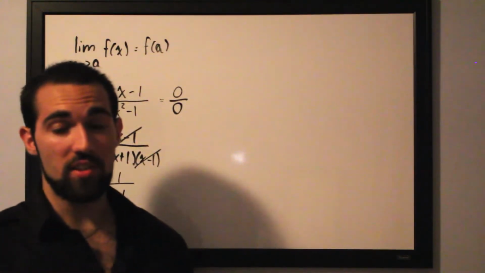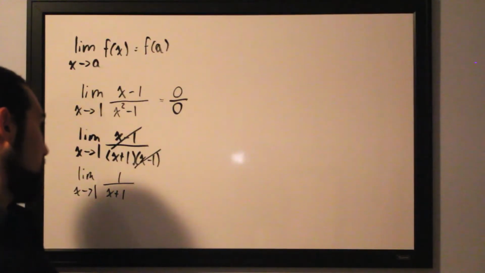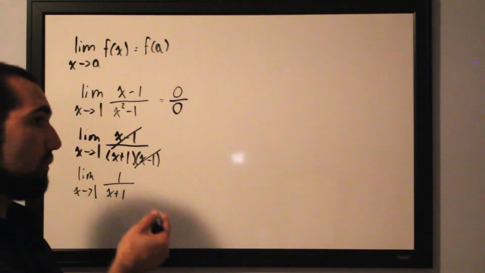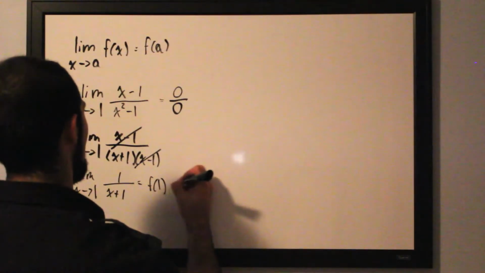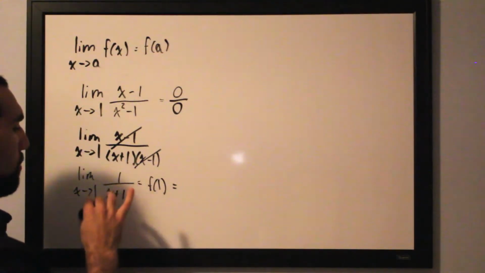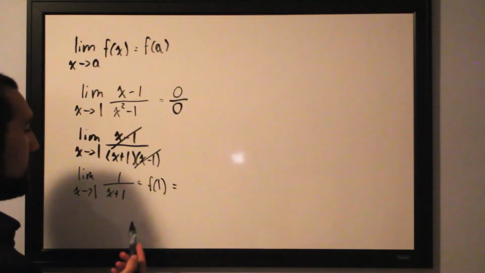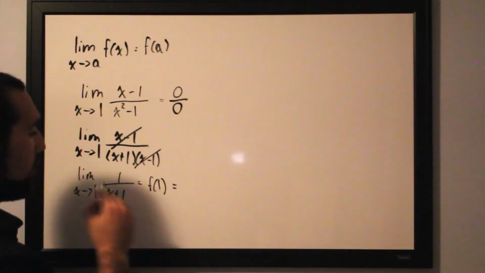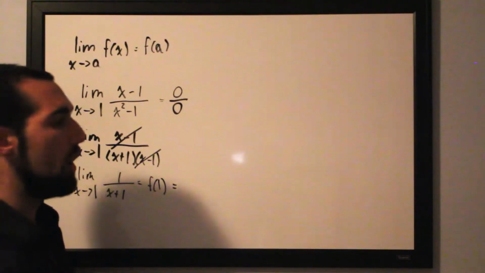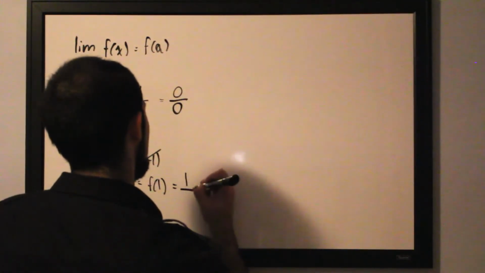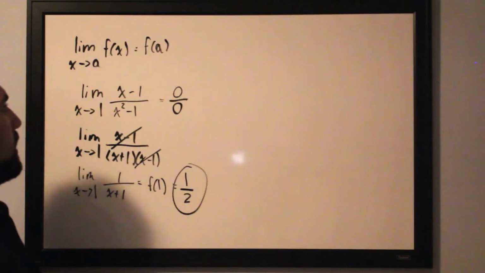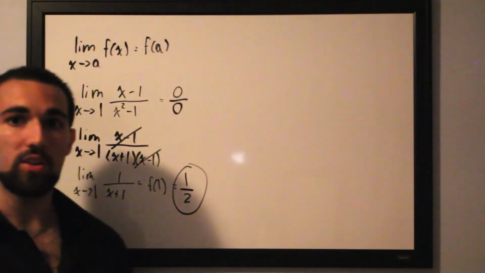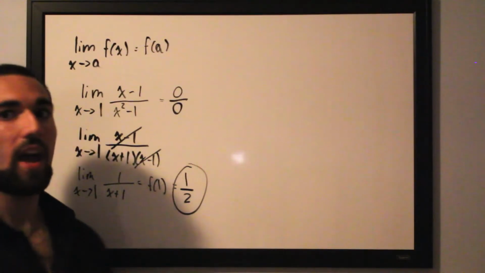And now it really is as simple as plug and chug. All you need to do is plug in the number 1 into this function. So f of 1 is equal to 1 over 1 plus 1, which is equal to 1/2. So the limit as x approaches 1 for x minus 1 over x squared minus 1 is equal to 1/2.